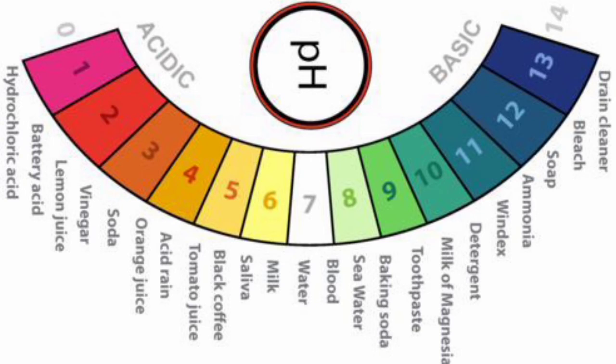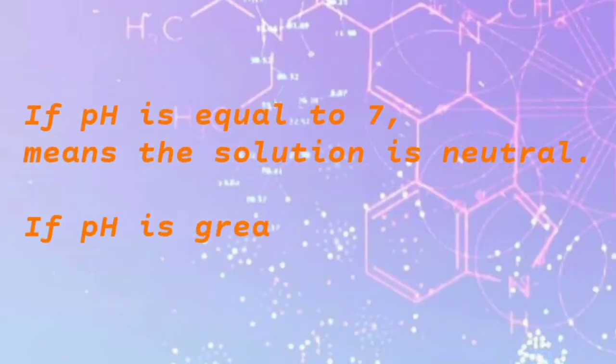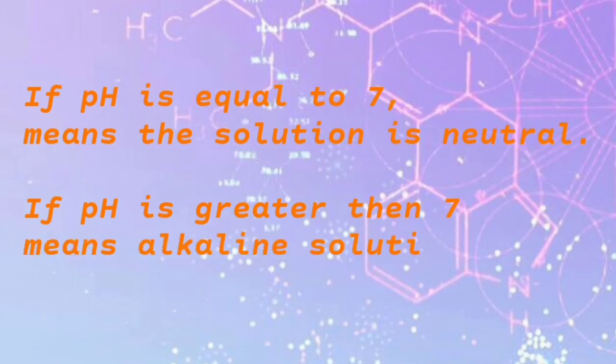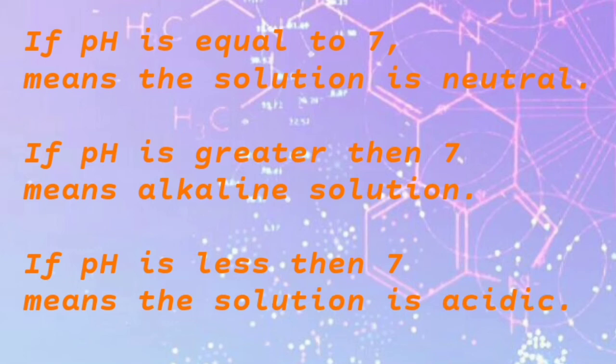The 7 denotes the neutral compounds like water. So, if the pH is equal to 7, it means the solution is neutral. If the pH is greater than 7, it means the solution is alkaline. And if the pH is less than 7, it means the solution is acidic.